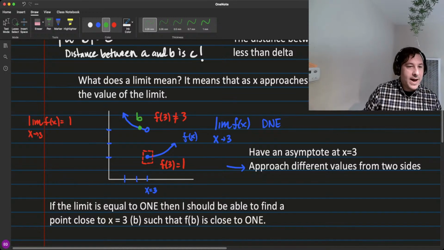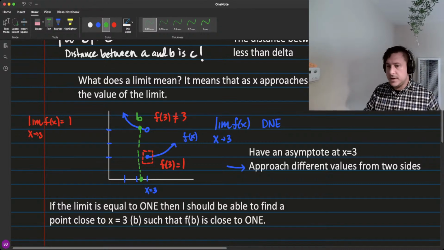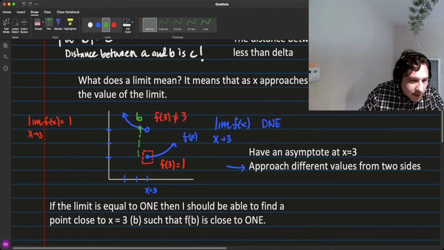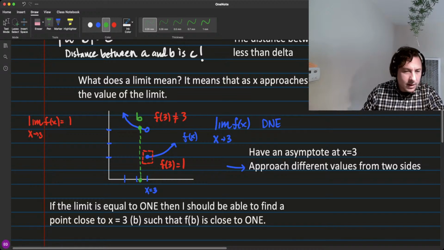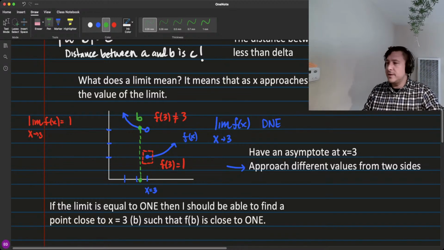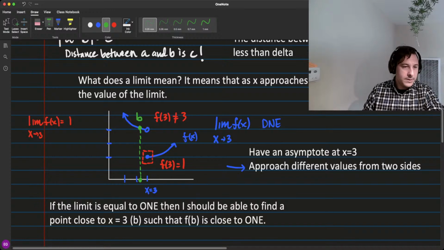Does everyone see how that point b, let's put it down to the x-axis, is pretty close to 3 on the x-axis? There we go, there's my b. My b is rather close to 3. Now, unfortunately, what is f of b close to?